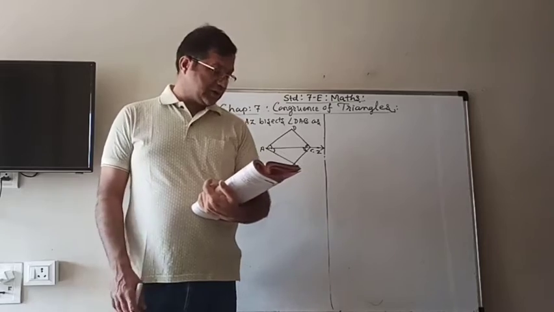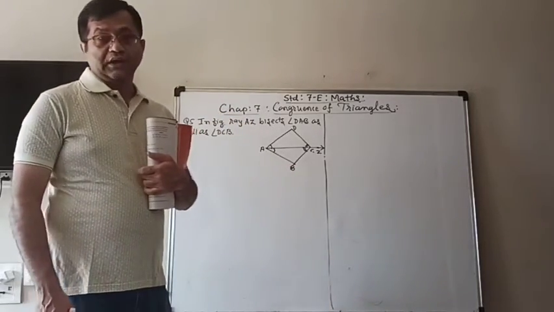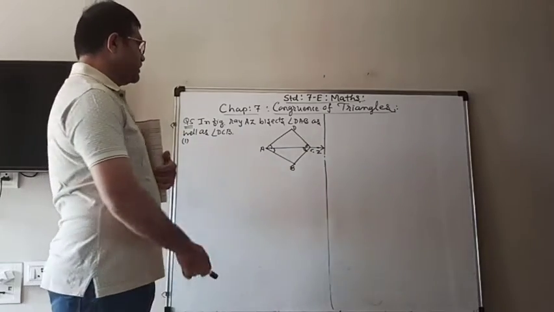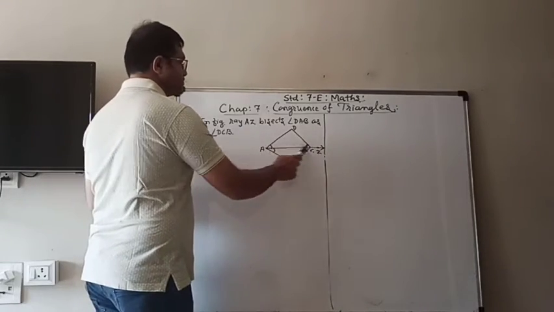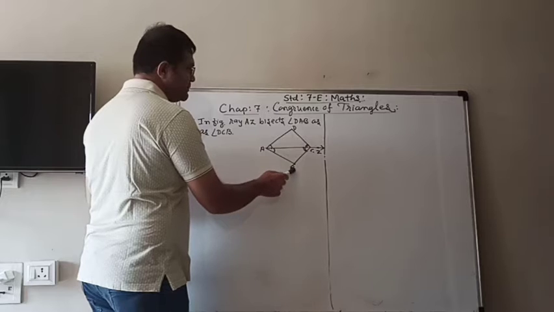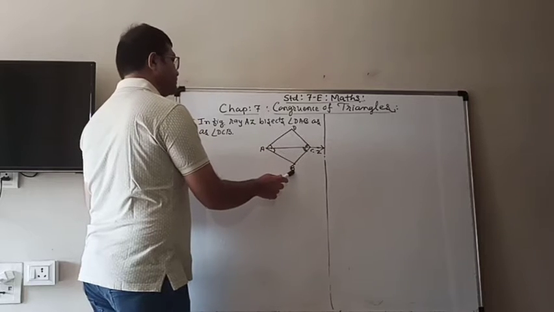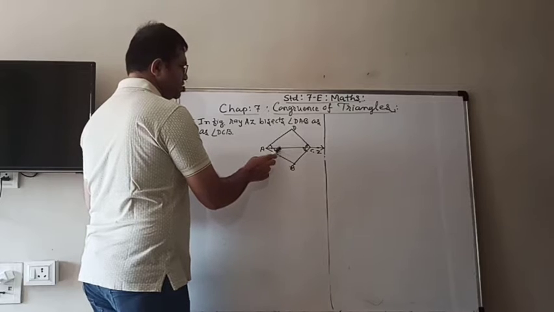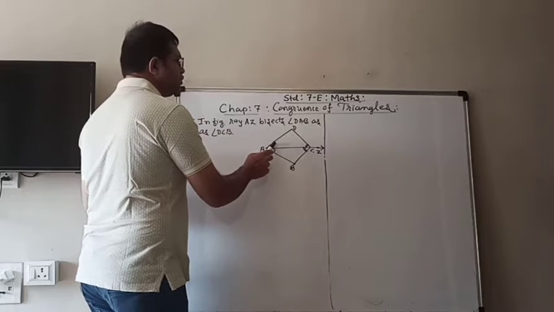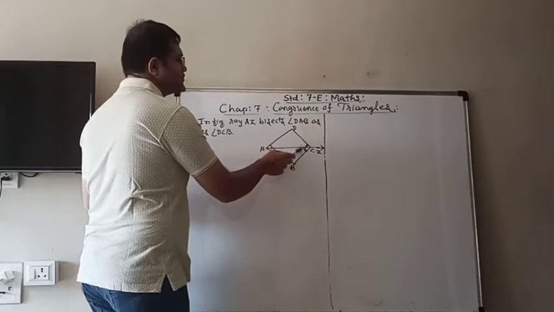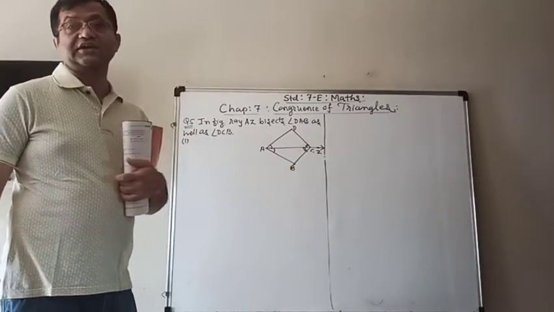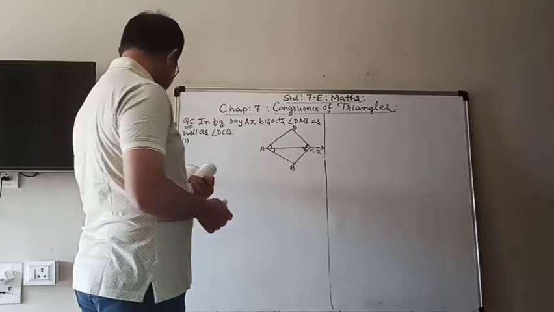Now question number 5, in which a figure is given in which ray AZ bisects angle DAB and DCB, means it is splitting each into two equal angles. And we have to answer the questions that are given. First question.